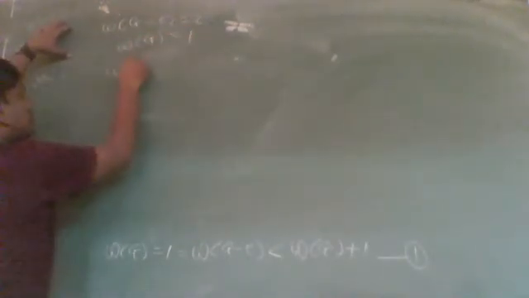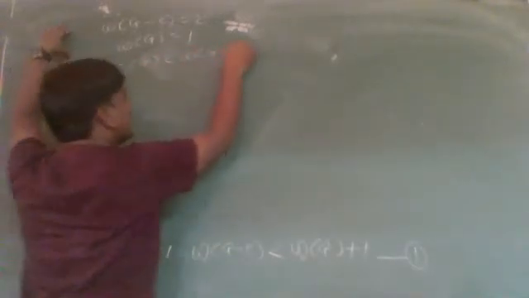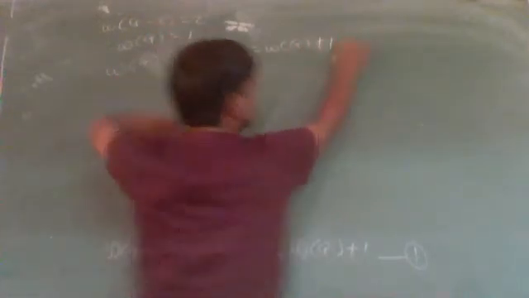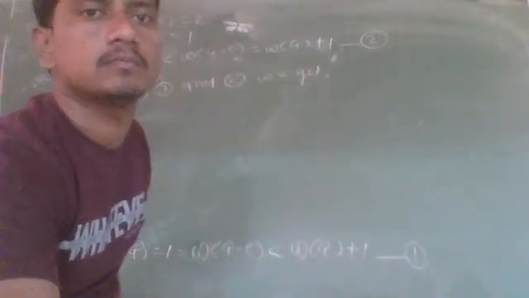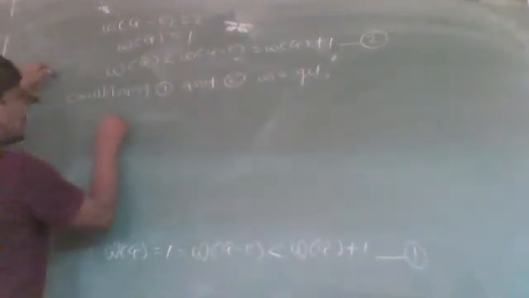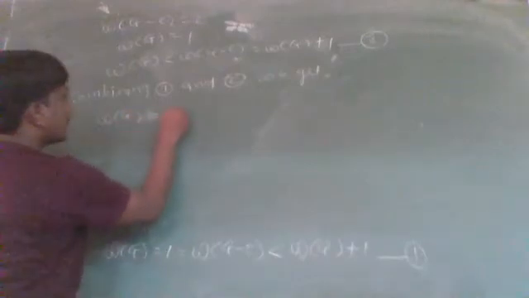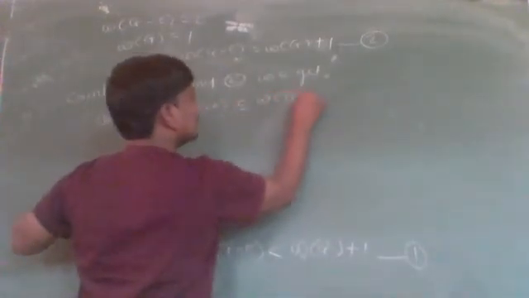So component of G is less than component of G minus E, which is equal to component of G plus 1. This is the second case. Combining equations 1 and 2, we get components of G is less than or equal to components of G minus E, which is less than or equal to component of G plus 1.